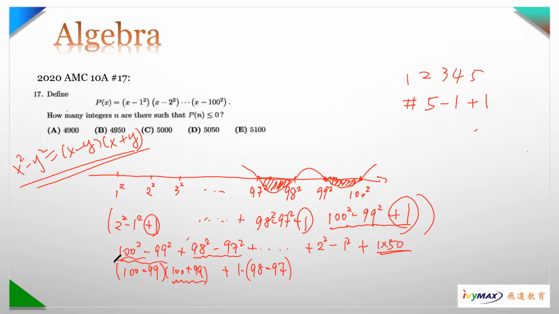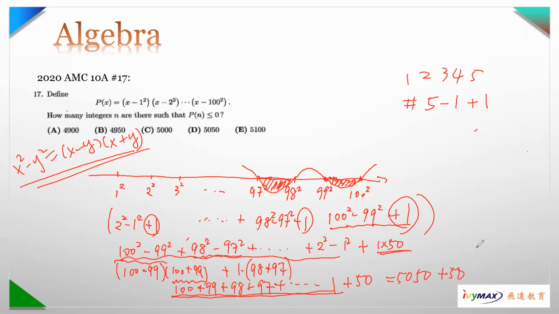So the sum is 100 plus 99 plus 98 plus 97 plus all the way to 1. We just need to find the sum of the regular series from 1 to 100. Don't forget to add another 50. So the first part is 5050, plus another 50, so the answer should be 5100.